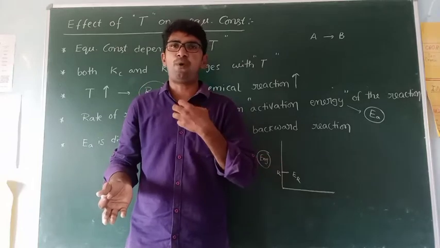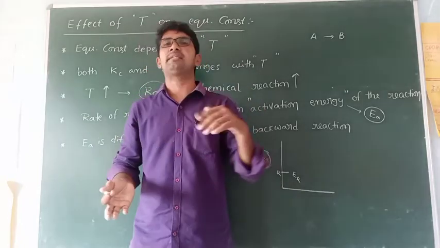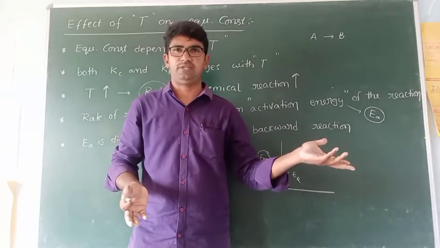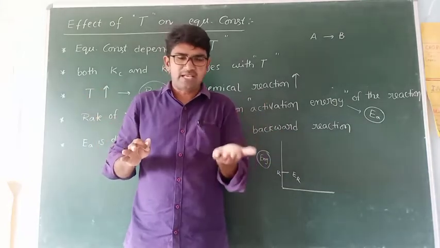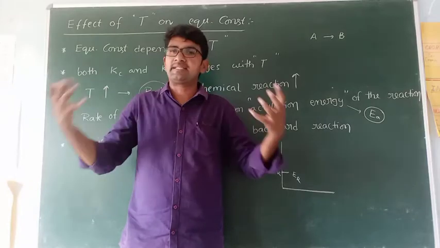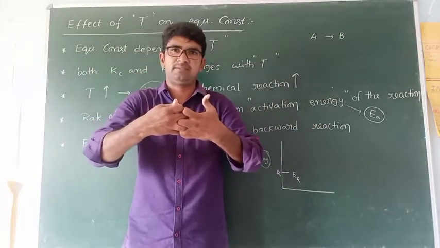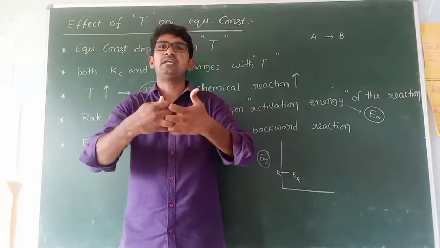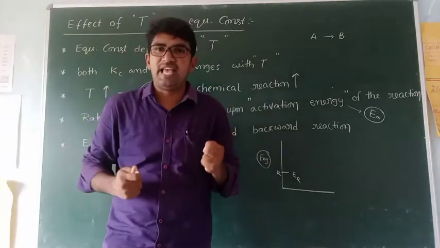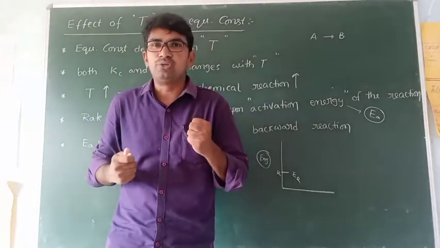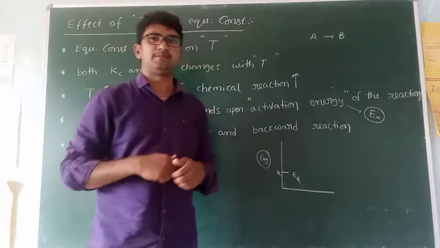So there is no possibility to convert all the reactants into products. We know this very well. If you take some reactants, those reactants are involved in collisions. In that collision some collisions are activated. Activated means they eagerly try to turn into products.